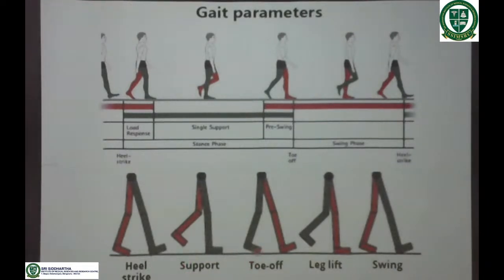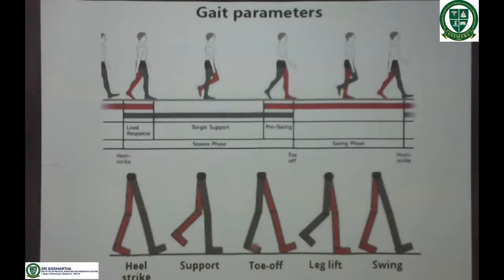Then next is the toe off. First is heel strike, then support, then we are ready to lift the leg. That time, first the toe off happens. You see, it is ready for the leg lift before that. So that stage is the toe off. The ankle here is in which condition?